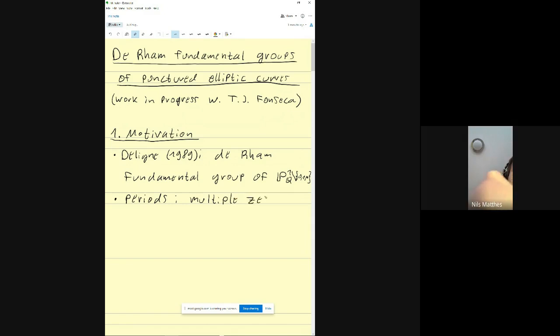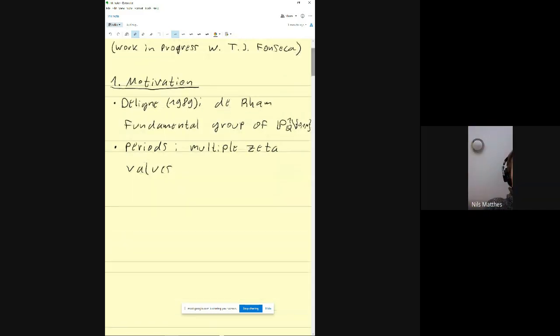So this is somehow implicit in Deligne's paper. It's later worked out in complete detail. It's not going to be so important what multiple zeta values are for this talk, but let me just remind you of them, because the definition doesn't take long to write. So they're just these nested sums here.